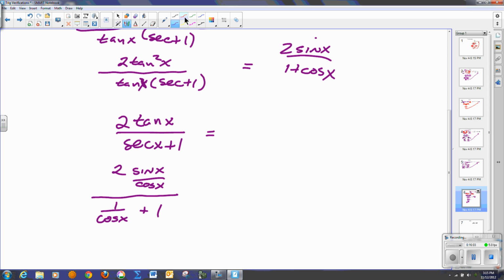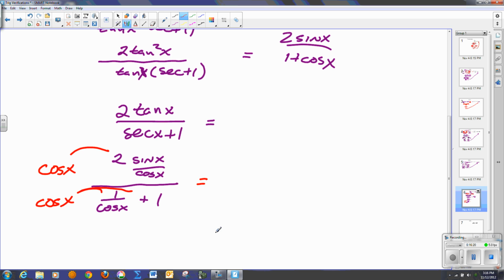Once again, I have a complex fraction. I'm going to multiply by the LCD of both the numerator and denominator to both terms. So in doing that, what do I end up with?